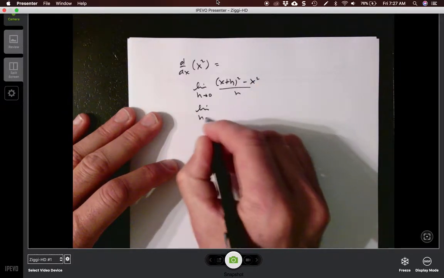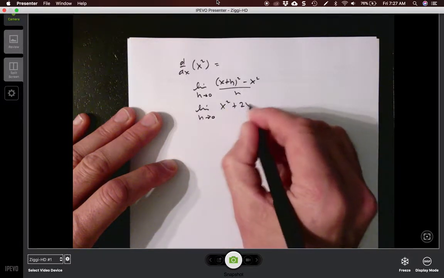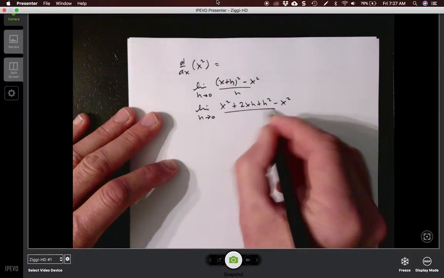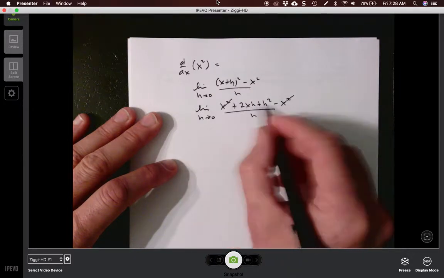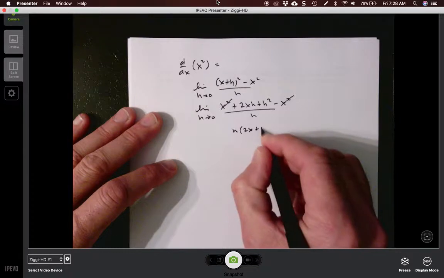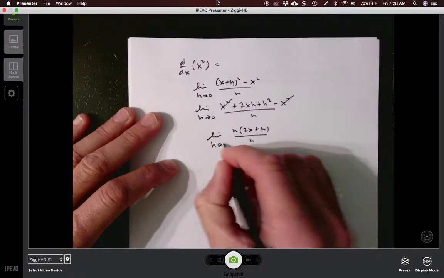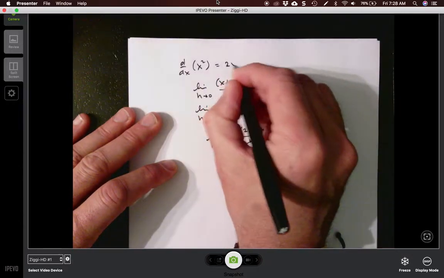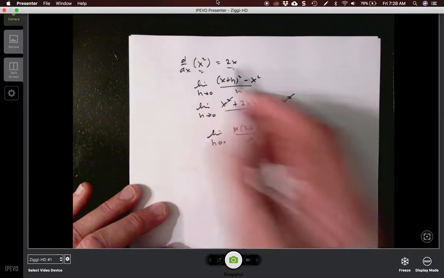This expands to x squared plus 2xh plus h squared minus x squared, all divided by h. The x squared cancels out. There's a common factor of h in here. We factor that out, and we were left with 2x plus h over h, and then we had the limit as h went to 0, and you ended up with the answer 2x.